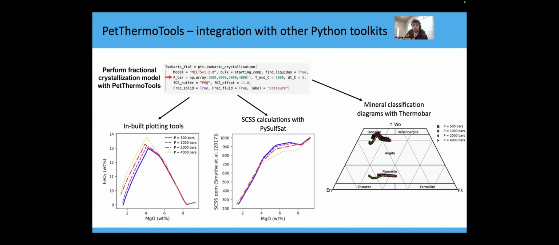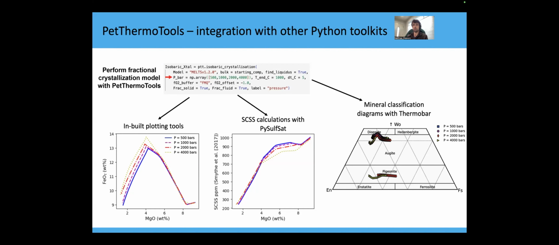Whereas previously you would have had to run these calculations separately, save the text file, load the text file into your Python environment, and then do a further calculation on that. So the idea is it's now easier, you can keep it all in one place, and it all interacts reasonably well. I had a question the other day. We also have some examples of interaction with Pyrolite and doing TAS plots with Pyrolite. There's an example of that on Read the Docs that you might want to check out.